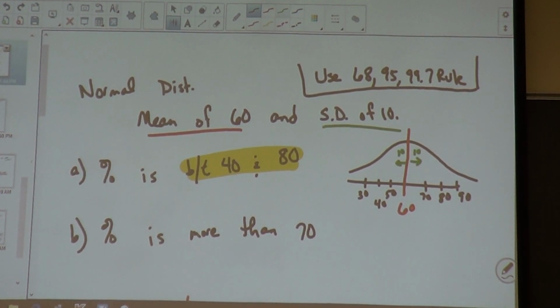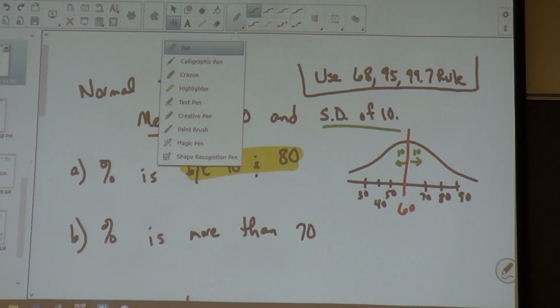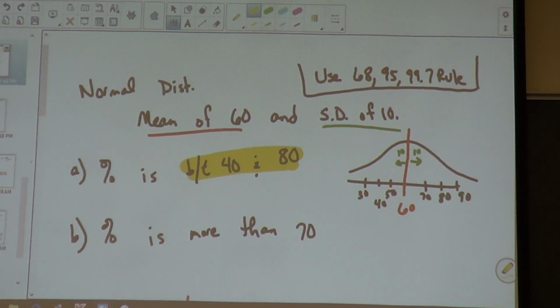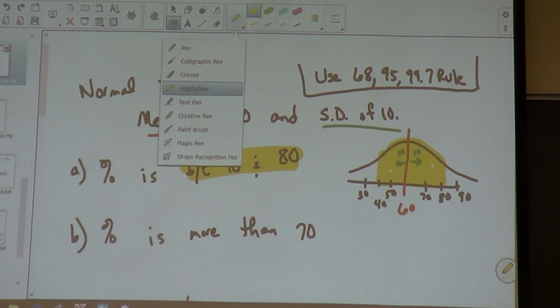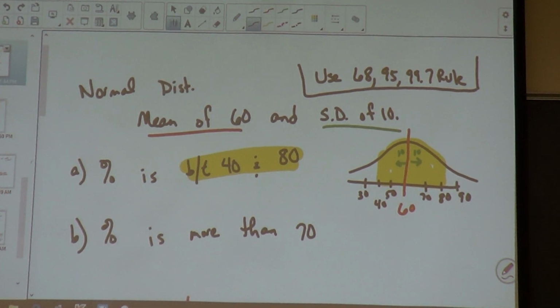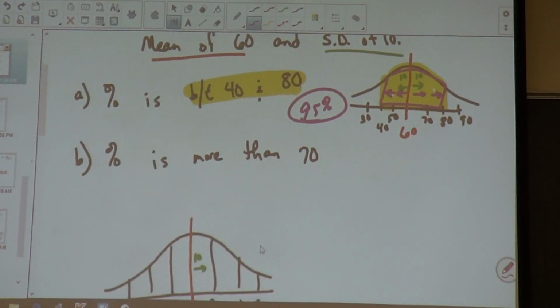So for the first one, it says we want the percentage between 40 and 80. Well, y'all, you go, oh my gosh, it's 2 to the right, 2 to the left. This is a straight up 95. Good? All right, the next one.